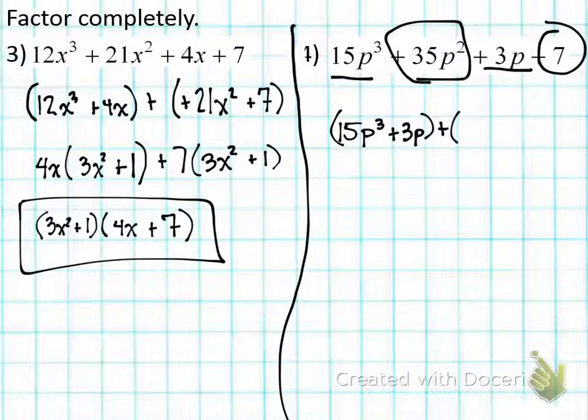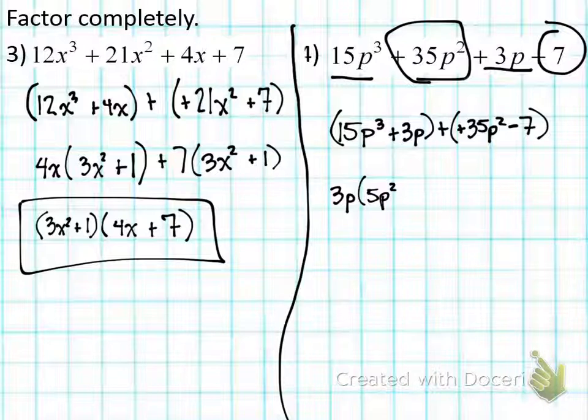The next one's positive 35p squared minus 7. Okay, we know we're taking out 3p here, which means we got 5p squared plus 1, plus 7 times 5p squared.